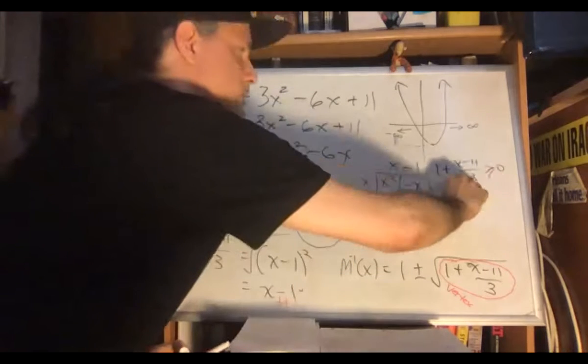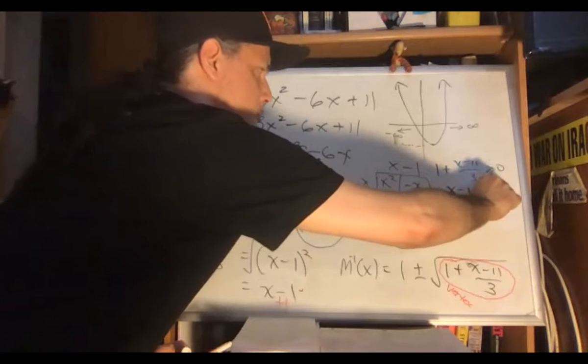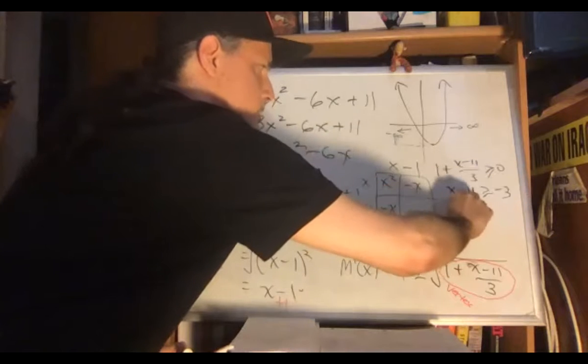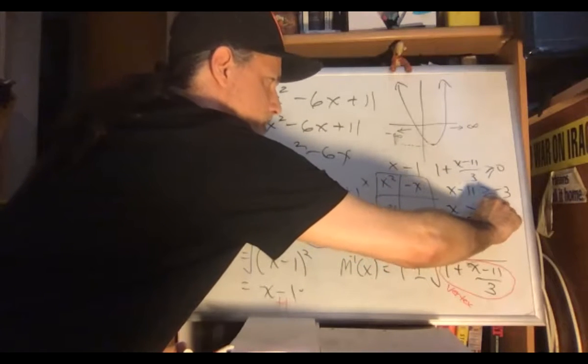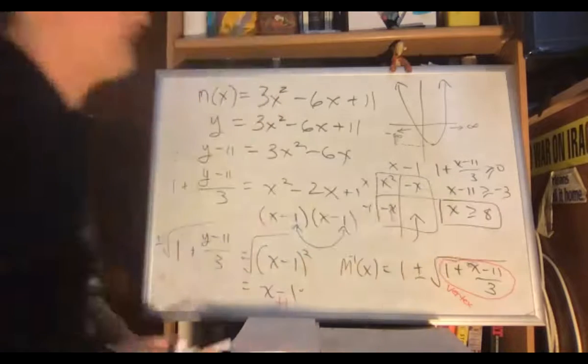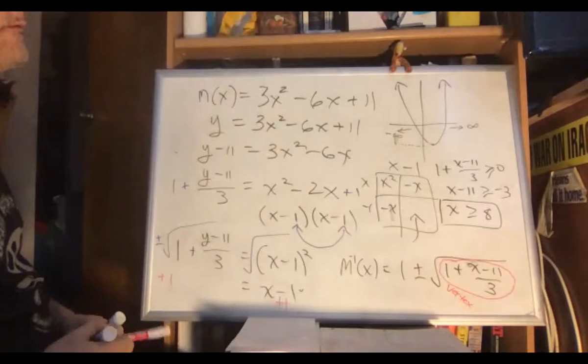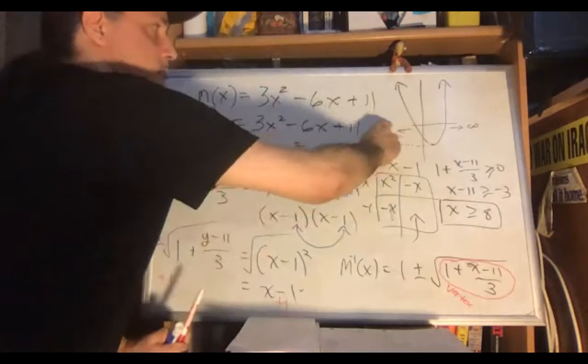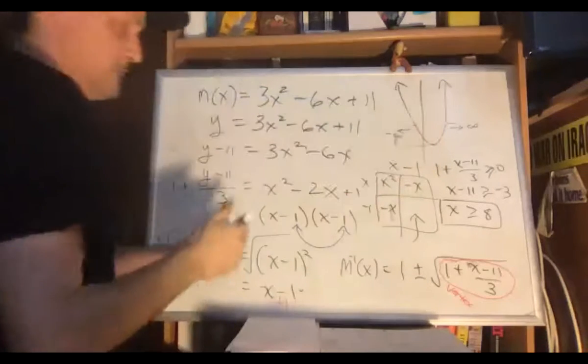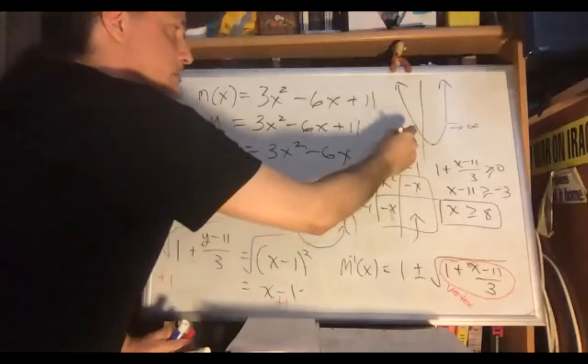All right, so subtract 1, multiply by 3, add 11. Okay, and that basically is the vertex. So that would mean that this is 8.